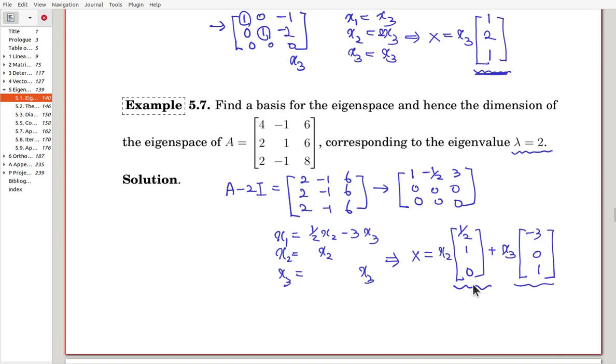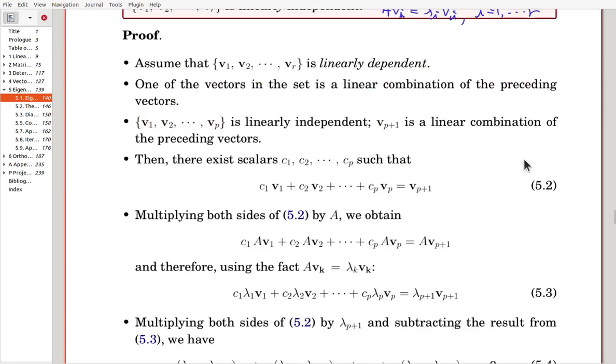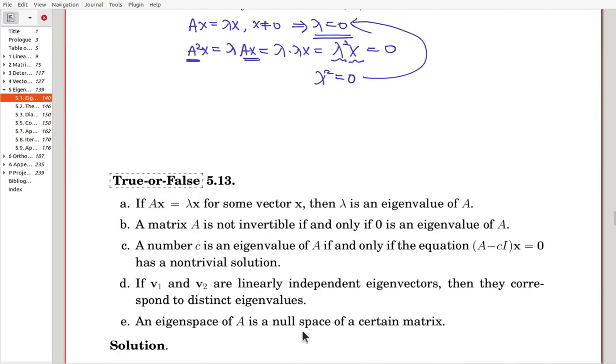This one is an eigenvector, and this one is also an eigenvector. We can see two linearly independent eigenvectors for the same eigenvalue, so the statement is wrong. However, if you consider the opposite, if two eigenvalues are distinct, then the corresponding eigenvectors must be linearly independent. The other direction must be true.